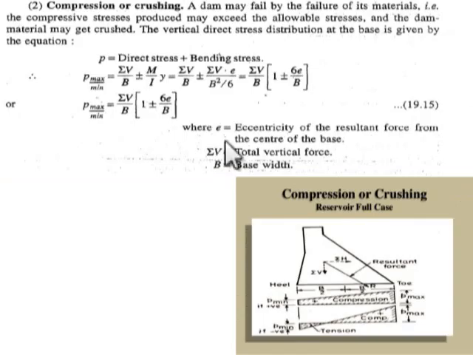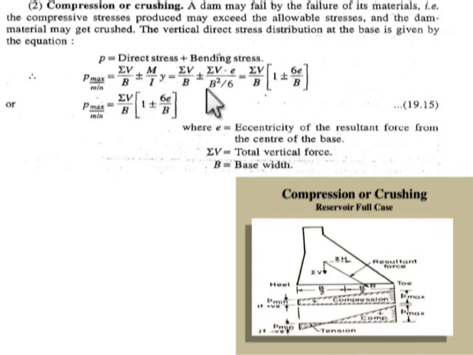Then compression occurs due to direct stresses and also bending stresses. Direct stress for unit length will be summation of V divided by base width, and the bending stress is given by the standard formula M upon I into Y. Here M is the total moment, I is the moment of inertia, and Y is the distance from the neutral axis.